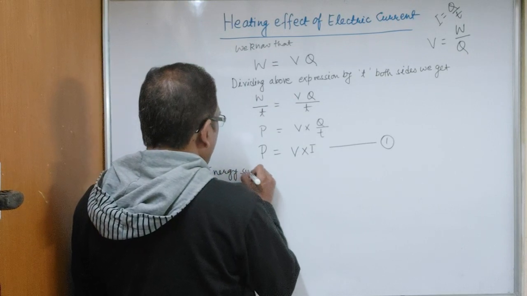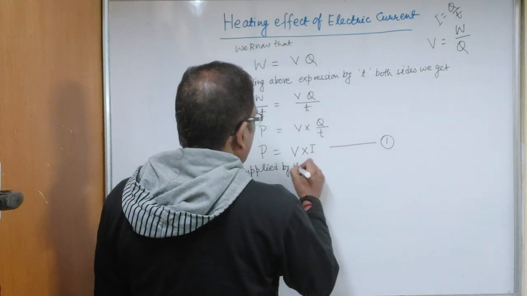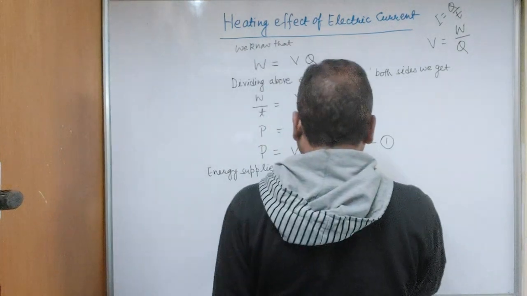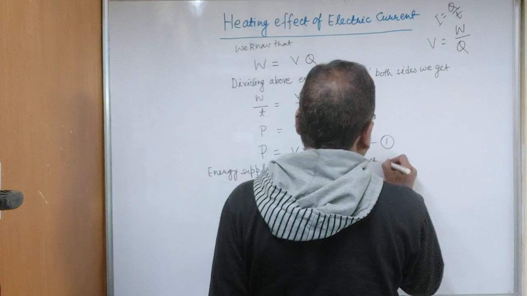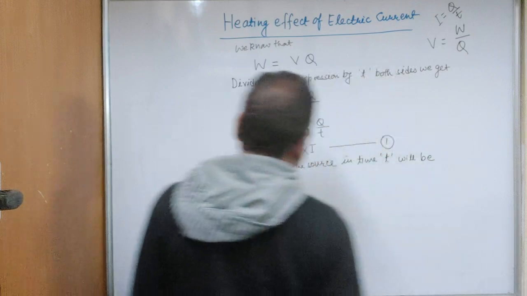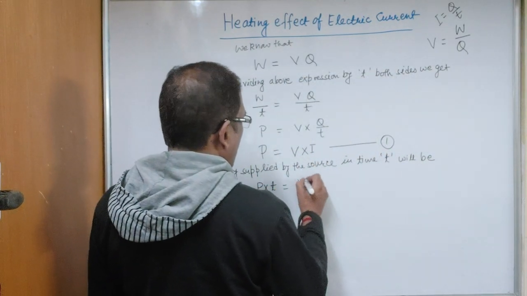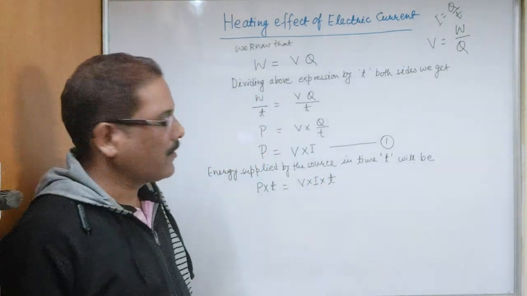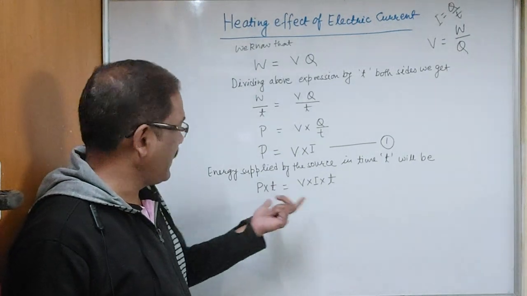So write: energy supplied by the source, cell or battery, in time t will be, we have to multiply it with that time, for how much time current is supplied.